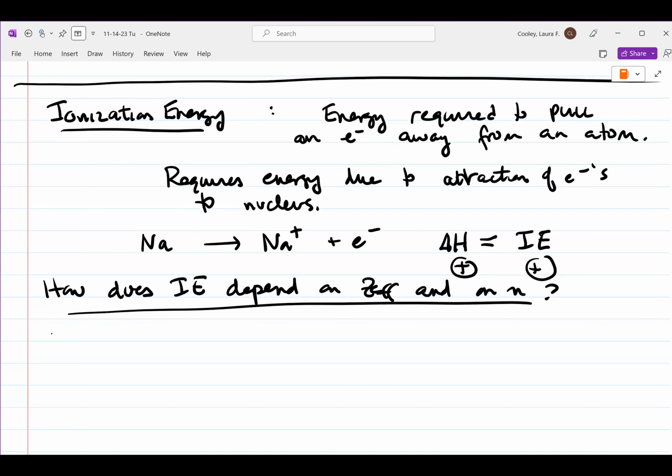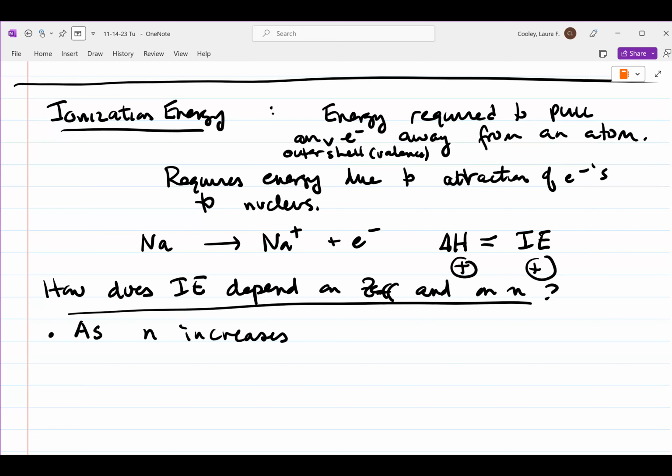Okay, so let's first figure. As N increases, okay, so you've got these atoms. As you increase the N value of the outer shell, and we're talking about removing an outer shell electron, I should say that, to pull an outer shell or valence electron away from the nucleus.